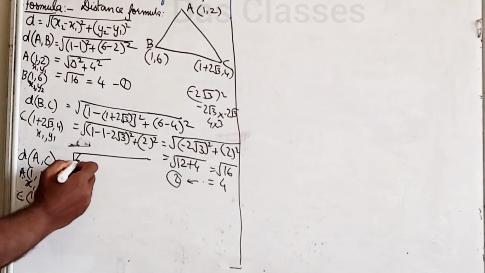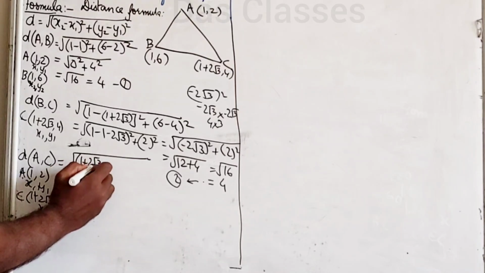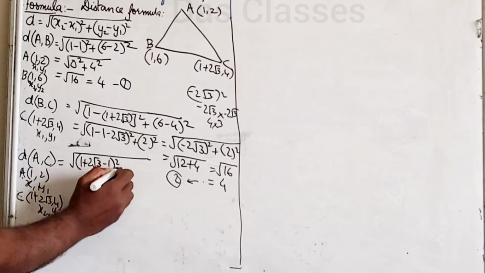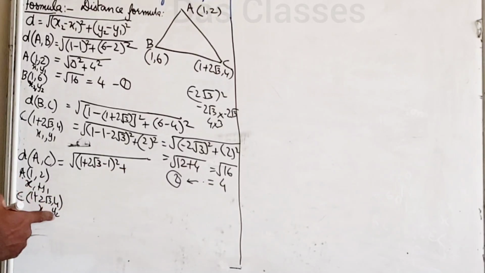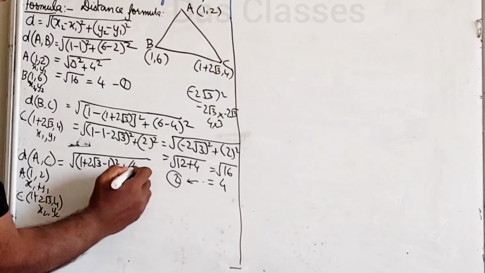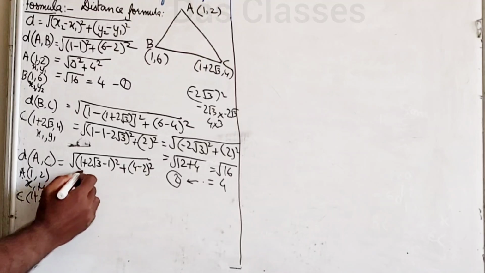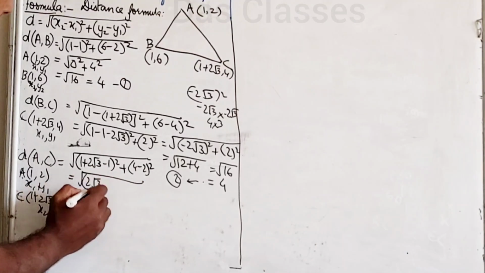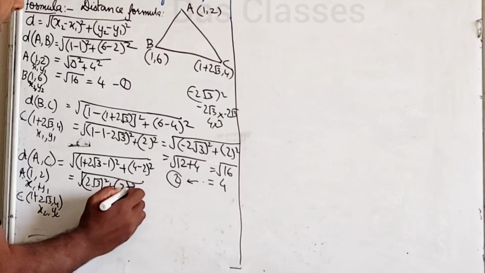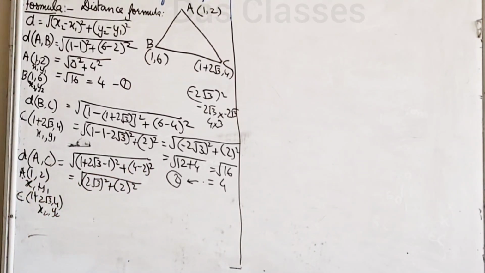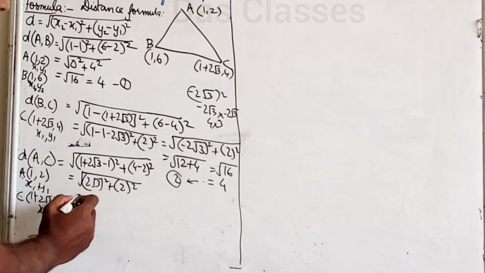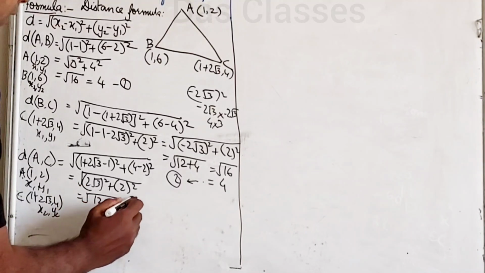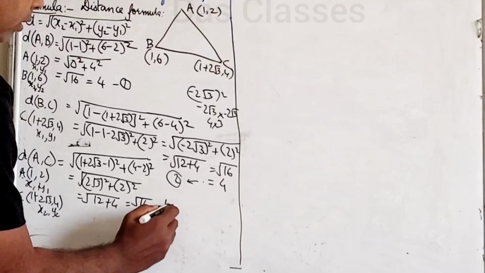So that's going to be 1 plus 2 root 3. This time I don't need to put that bracket because there is only one number, plus y2 is 4 minus 2 square. So just solve it. 1 minus 1 cancel, 2 root 3 square plus 2 square. So again it's going to be the same thing. So that's going to be equal to 4 3s are 12 plus 4, so that's going to be root 16, that is 4.